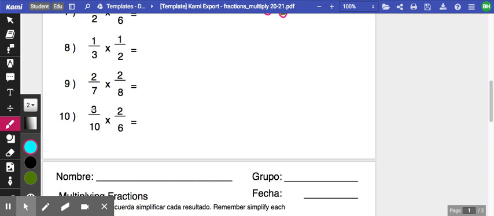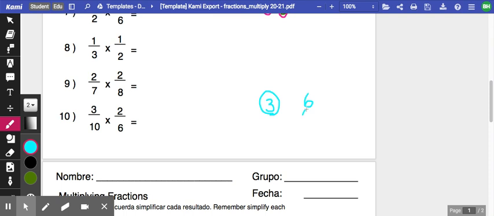What I'm going to do is look across at the 3 and 6. Is there a common factor between 3 and 6? If you wanted to do this factor tree way, you could. 3 is a prime number, so that's all I have. 6 is not a prime number.